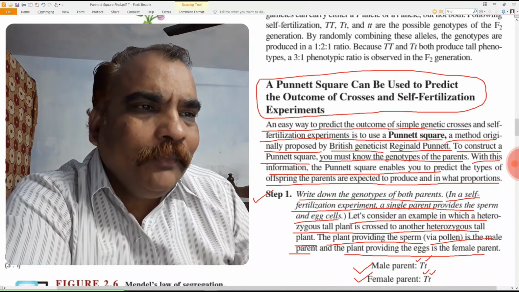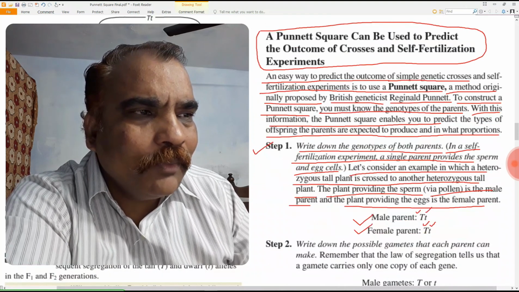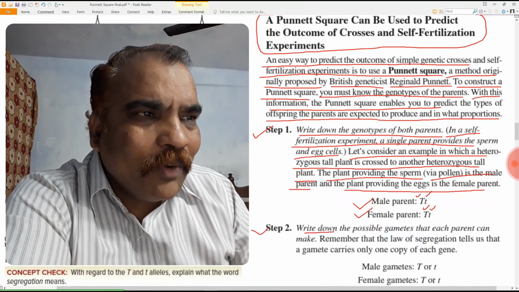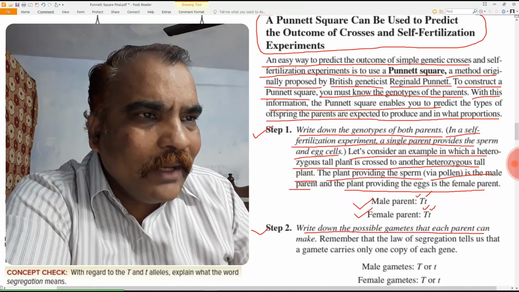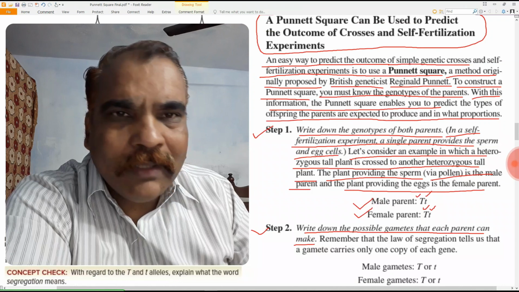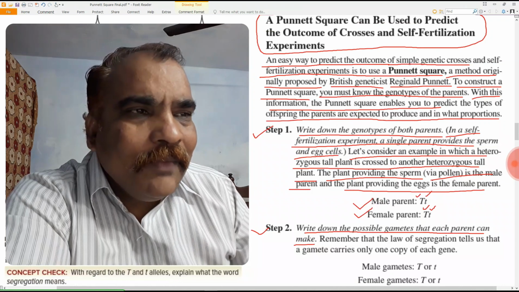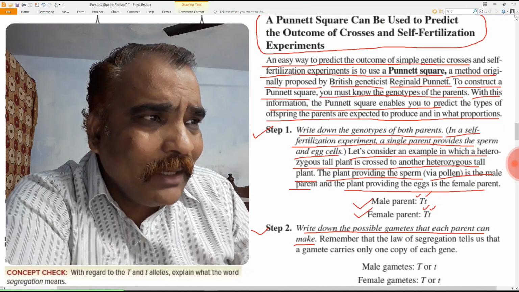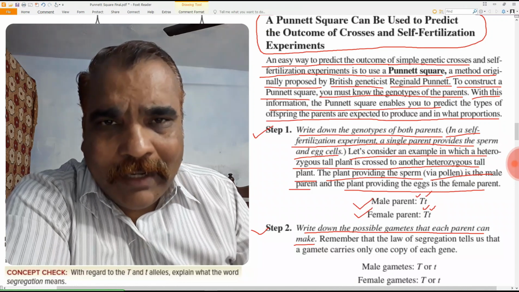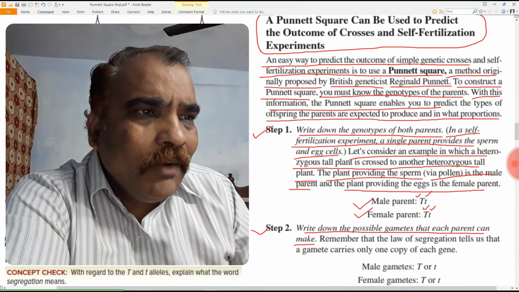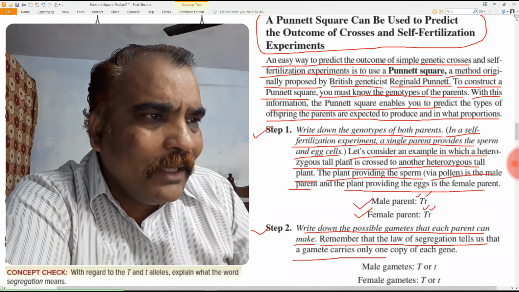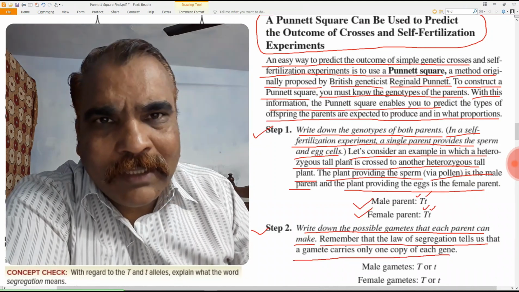Now step number 2. Write down the possible gametes that each parent can make. So the second step, we are writing the possible gametes that each parent can make. Now remember that the law of segregation tells us a gamete carries only one copy of each gene.